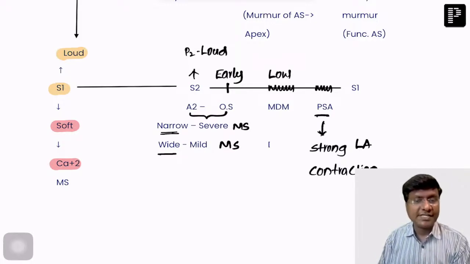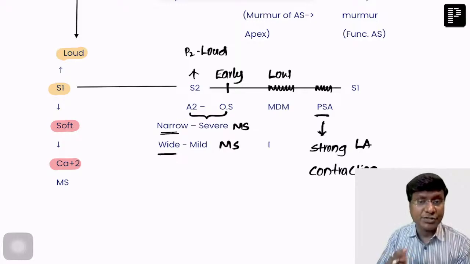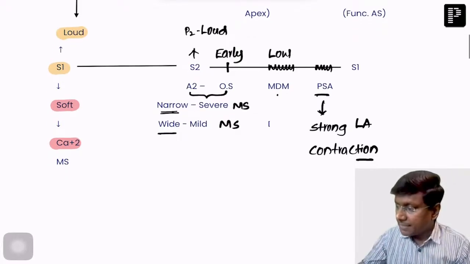Okay, and the other way by which you can assess the severity of the mitral stenosis based on auscultation is by listening to the duration of the mid-diastolic murmur.